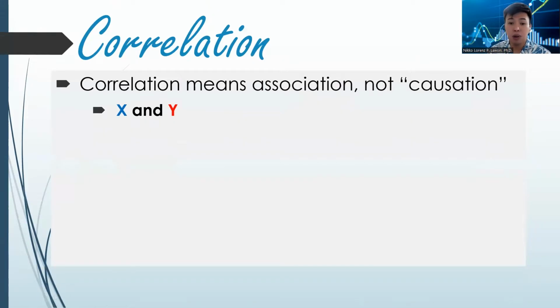For example, you have variables X and Y. You are measuring the intensity or magnitude of their relationship, how X is related to Y. It's not causation in such a way that X determines Y. In correlation, you only describe the intensity or the magnitude of their relationship, how related they are, how associated they are, but not how X determines Y. That's not correlation, it's causation.